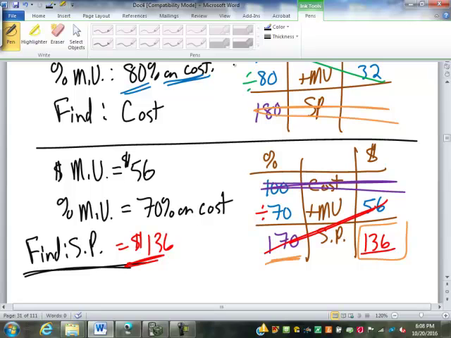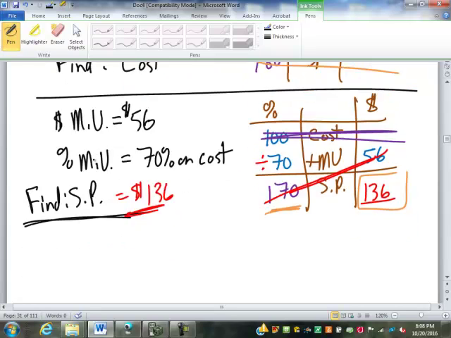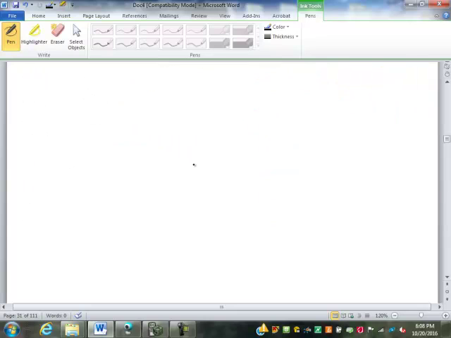What do you think so far? Doing okay? So let's say we are given our markup is 20% on cost.